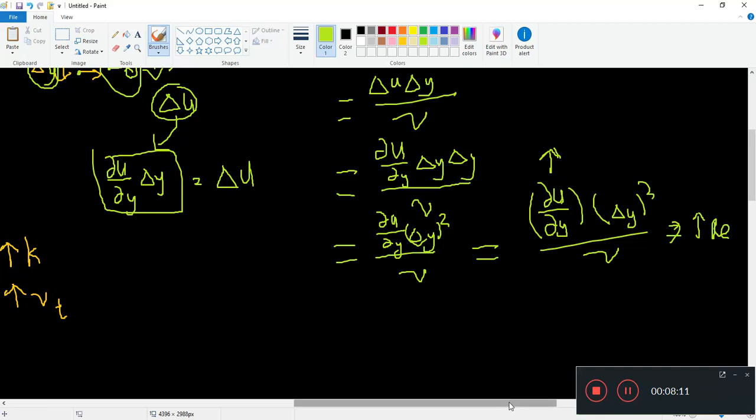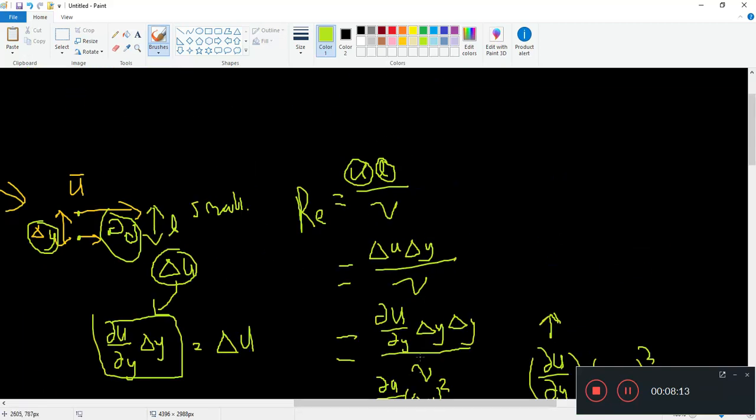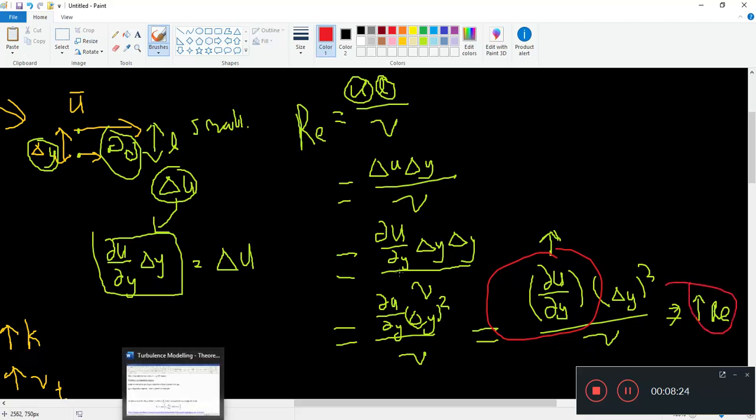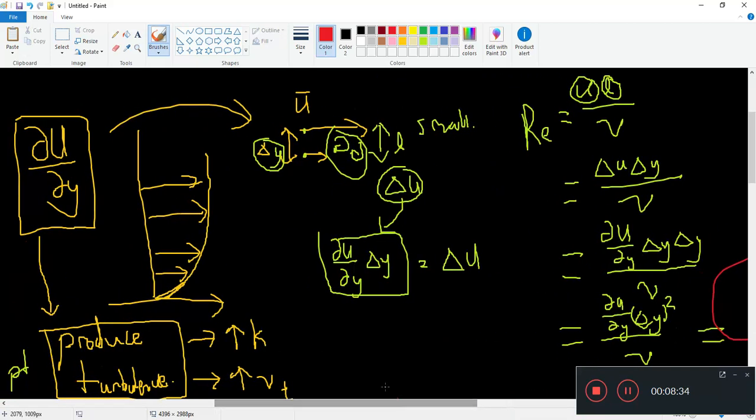So increasing this velocity gradient will increase turbulence, because it increases the Reynolds number. The higher the velocity gradient, the higher this local Reynolds number, so to speak. This is one way I like to think about it. It makes mathematical sense to me.